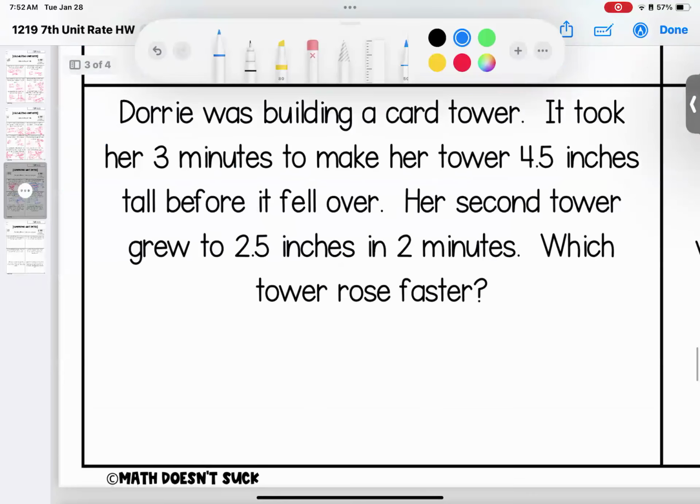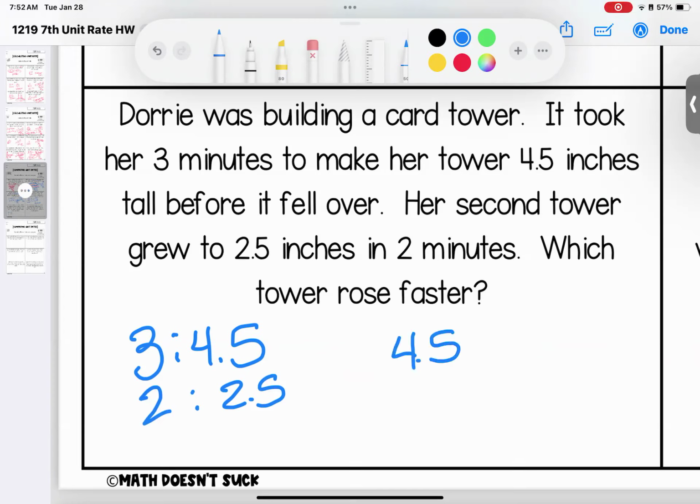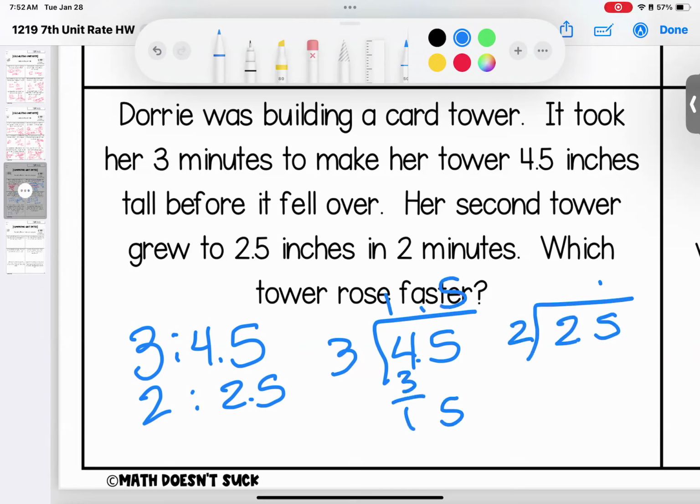All right, Dory was building a card tower. It took her 3 minutes to make her tower 4.5 inches before it fell over. Her second tower grew to 2.5 inches in 2 minutes. Which tower rose faster? So we need to do both of these. Decimal, decimal goes in once.